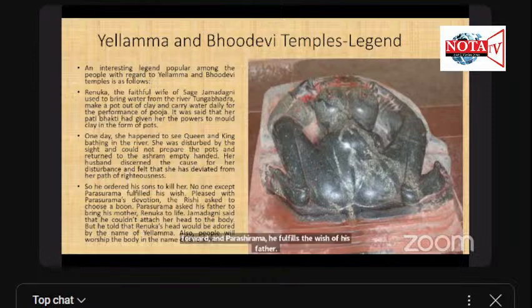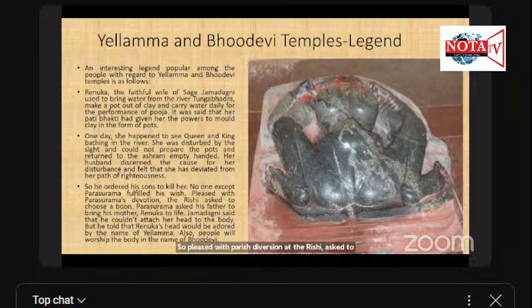Pleased with Parashurama's devotion, the Rishi asked him to choose a boon, and Parashurama asked his father to bring his mother Renuka back to life. Jamadagni said that he could attach her head to the body, but Renuka's head would be adored by the name of Yellamma, and people would worship the body in the name of Bhudevi.